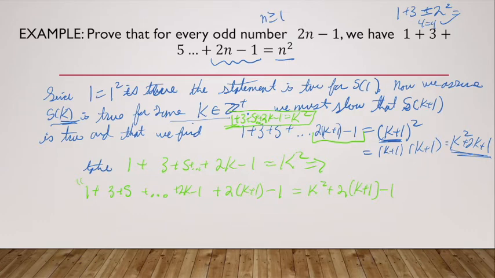And we should go ahead and simplify this right-hand side. So I get that all of this equals k squared plus 2k plus 2 minus 1, which equals k squared plus 2k plus 1, which is what I was hoping to get. So, as desired.